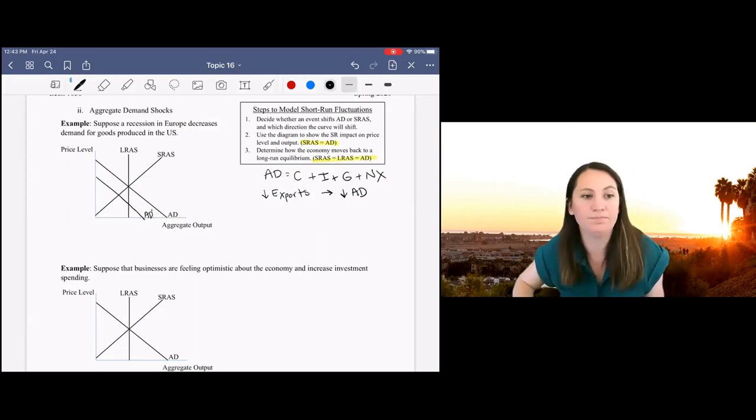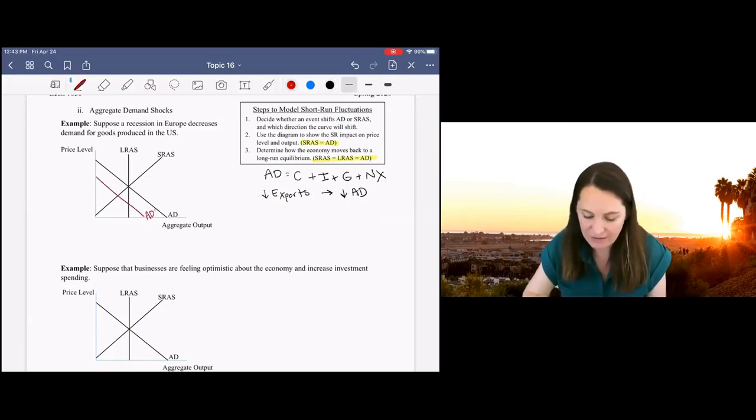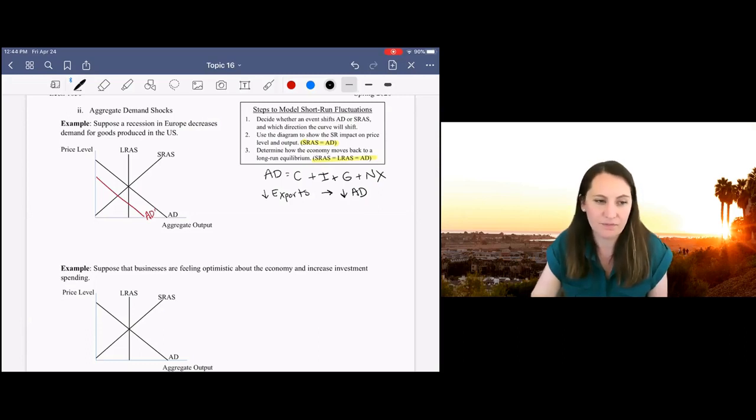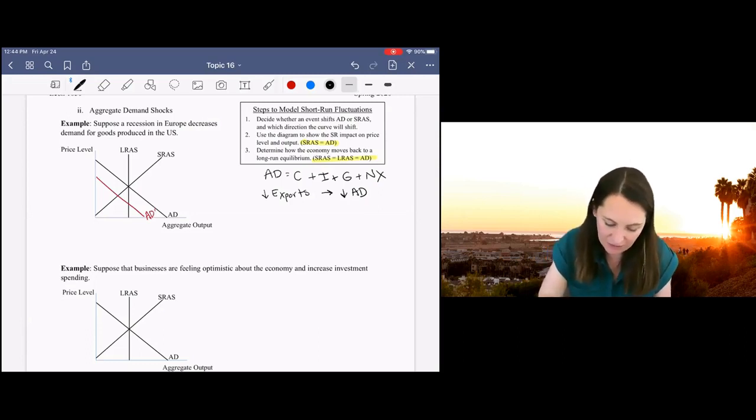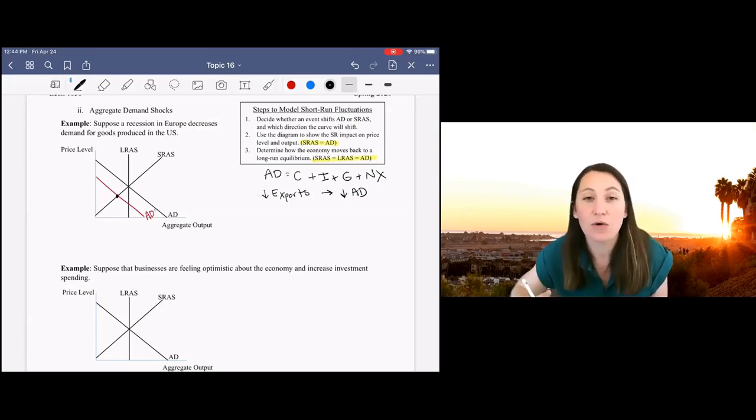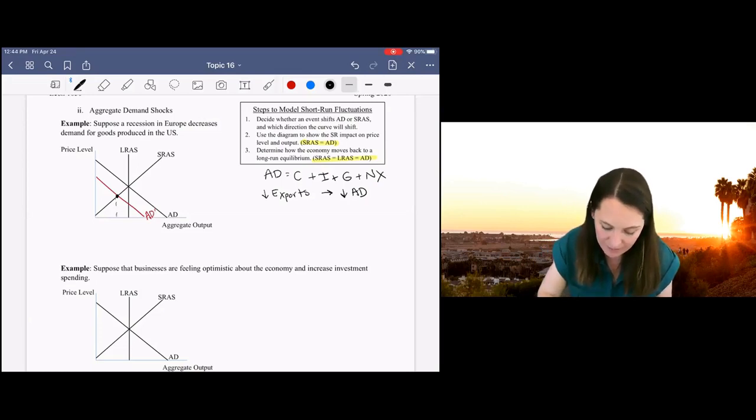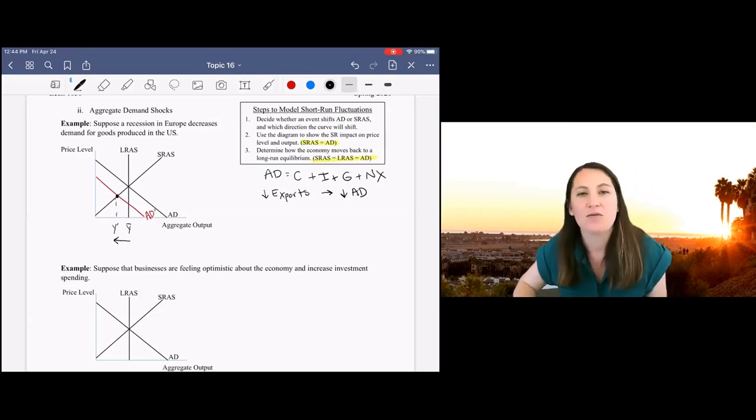All right. So we got our new aggregate demand curve. And the next step is to figure out what's happening in this economy in the short run. So in the short run, we're going to look at where our new aggregate demand curve intersects our short run aggregate supply curve. And that will tell me what's happening to output in the short run. You can see that output has decreased relative to the long run potential output.